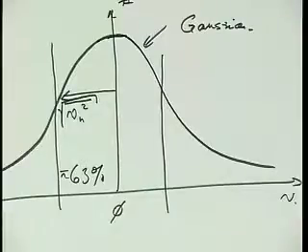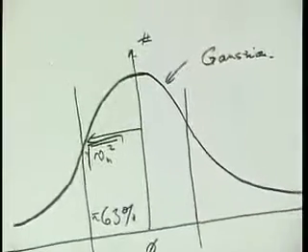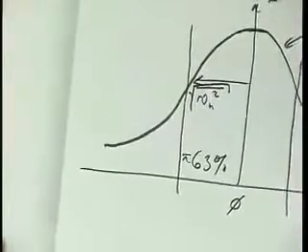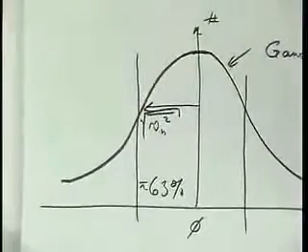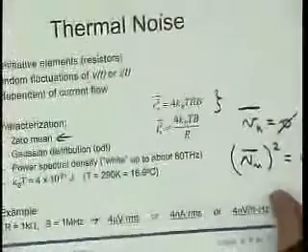It's still not going to zap us because the power is still only 4 kBT times B, and that is still a very small number. So it's not going to shock us, but instantaneously the voltage could be large, if we open circuit it. All right, so that's this Gaussian distribution.